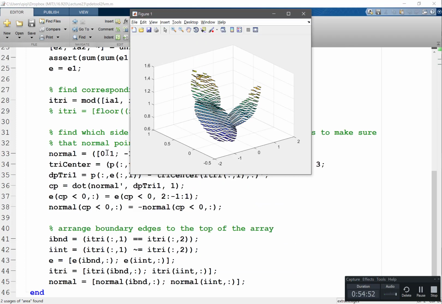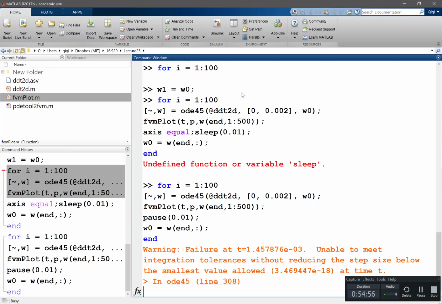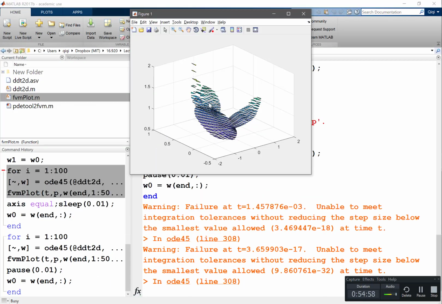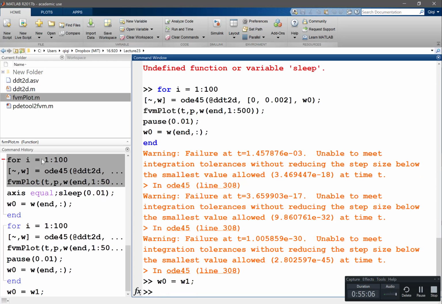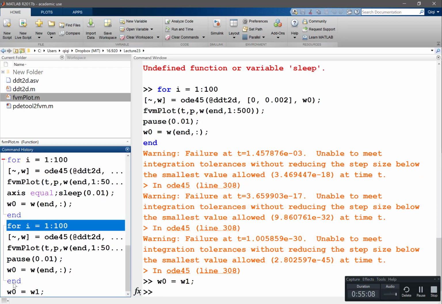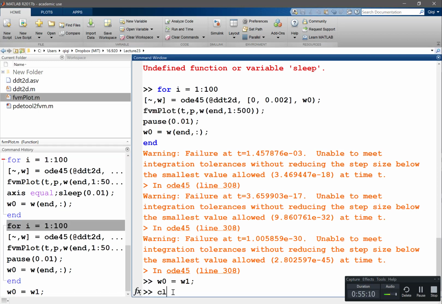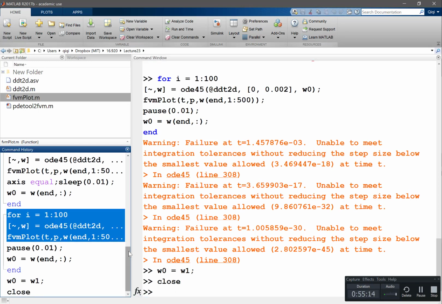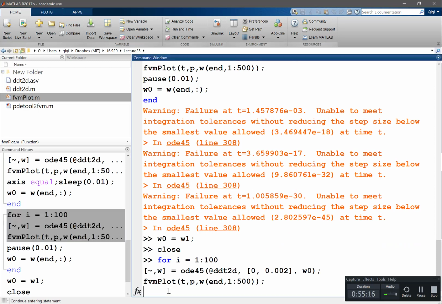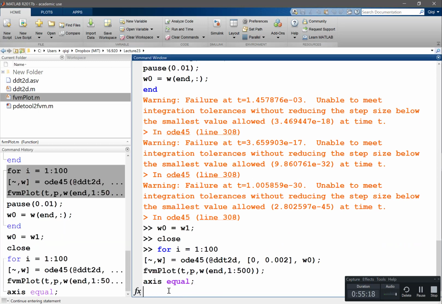Right. Okay. So suddenly this thing didn't work anymore, right? Let me do it again. Close. And I think I forgot to have axis equal.